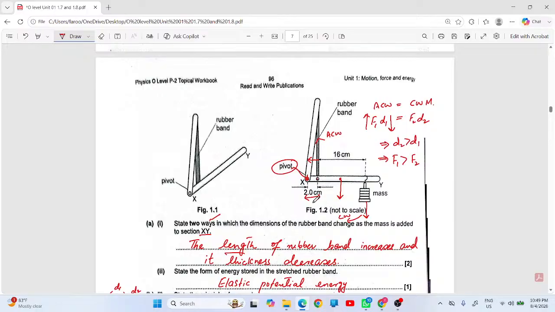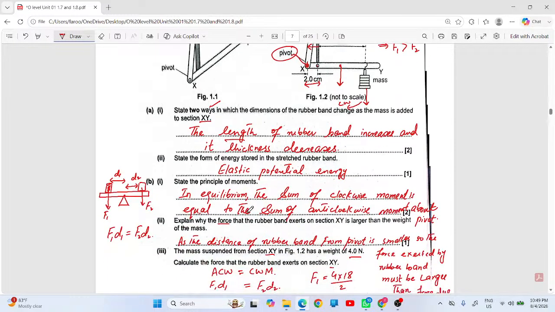Because in previous case the clockwise moment is due to the masses and anti-clockwise moment is due to the rubber band. But if the weight of XY is not negligible, so we have two clockwise moment. So rubber band has to increase its force to make it balanced. ठीक है.